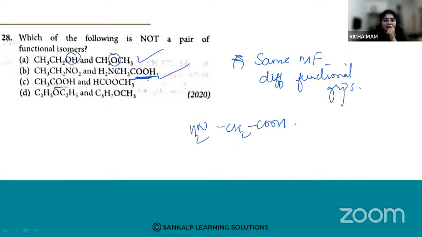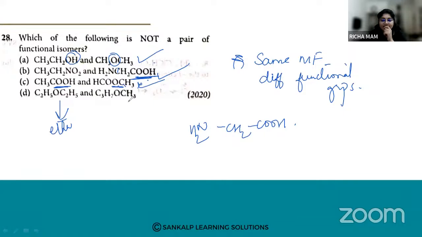Next one, this is a methanoic acid and this is a methanoate. Just now we have seen this is an ester, this is also a pair of functional isomers. Then this compound C2H5OC2H5 is an ether and C3H7OCH3 is also an ether.